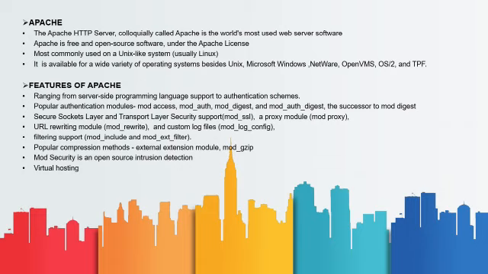It is also available for a wide variety of operating systems besides Unix, such as Windows, NetWare, OpenVMS, OS/2 and TPF. The features of Apache range from server-side programming language support to authentication schemes. It also has virtual hosting, mod_security, and it's open source, installation detection, etc.